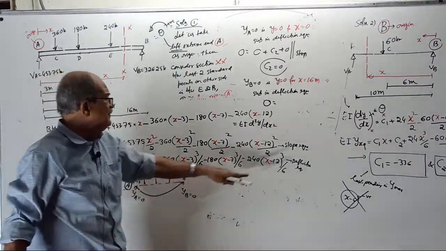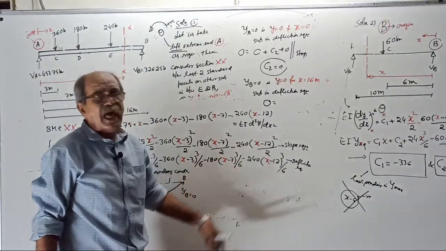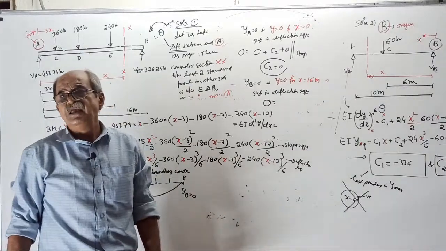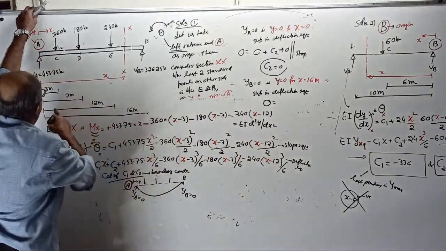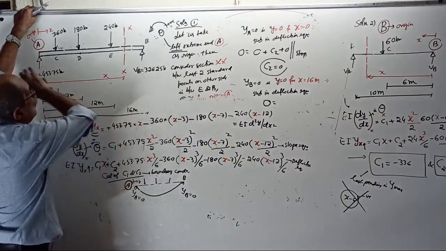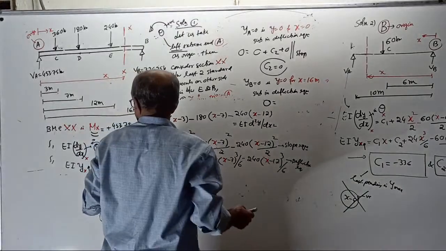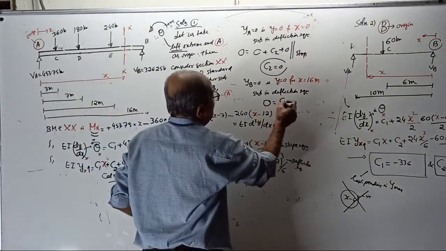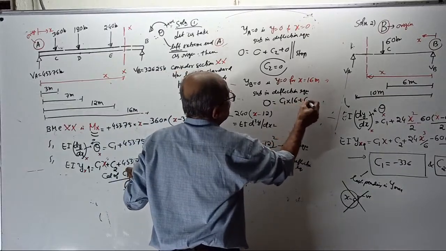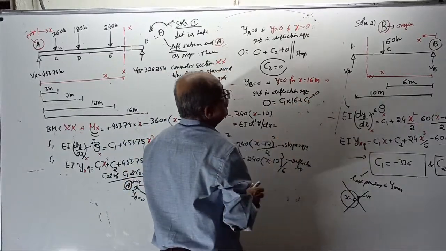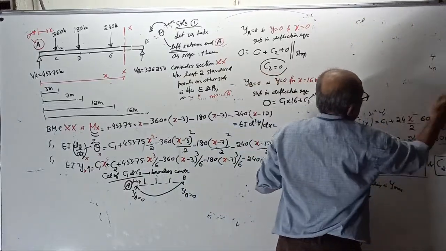Maximum bracket term is X minus 12. When X equals 16 meter, no bracket term will give negative inside the bracket. So, or common sense, when you put X equal to 16 meter, the full beam is considered. Every term considered. 0 equal to C1 into 16 plus C2, which is already 0.